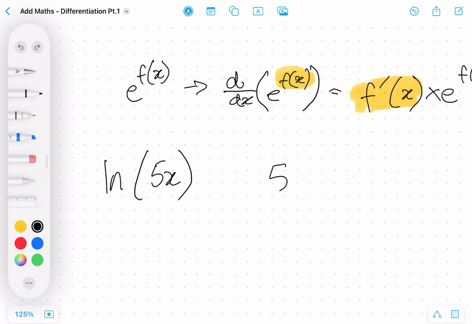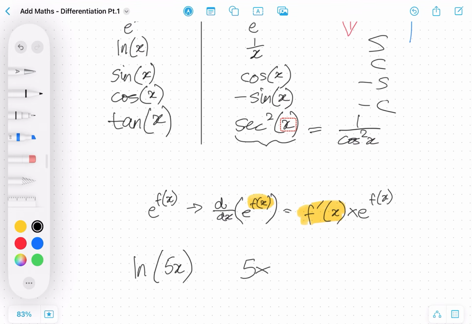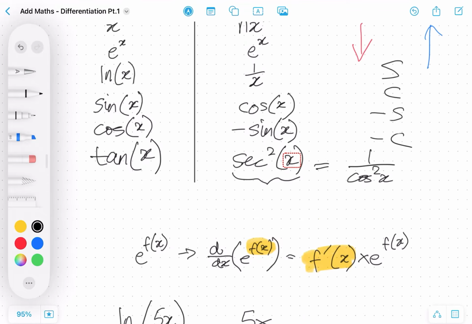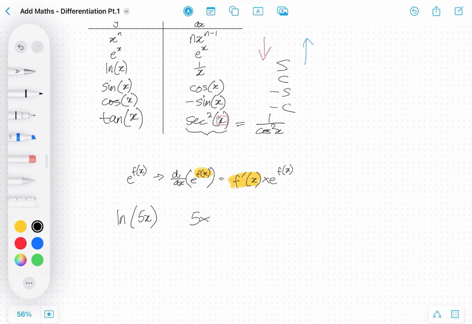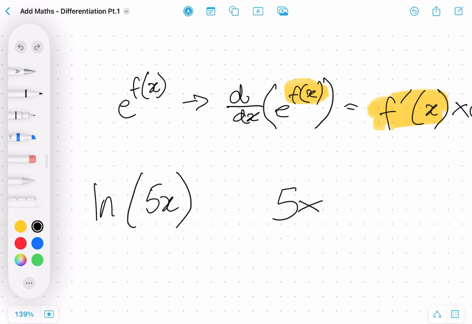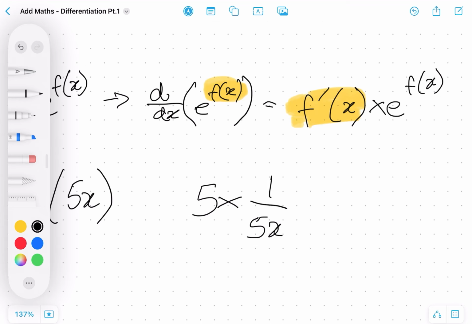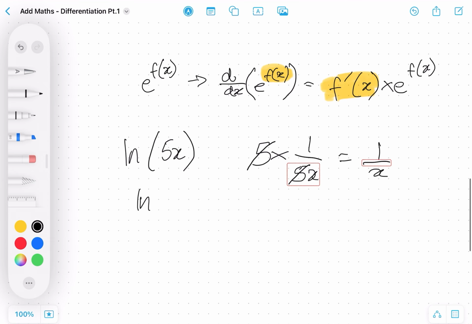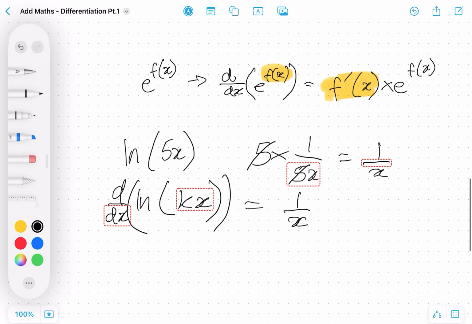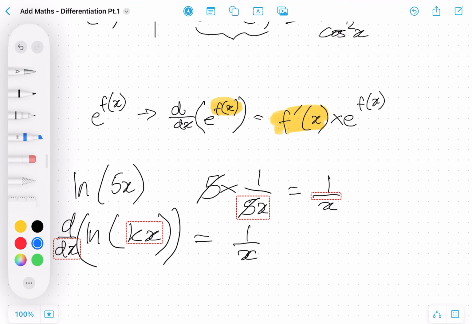So 5, and then multiplied by what you do with any derivative of ln x, which is just the reciprocal of x. So for this case, since we have 5x inside, it's just the reciprocal of that, 1 over 5x. And then this simplifies down to 1 over x. So in fact, ln kx, the derivative of that, remains as 1 over x. There's actually no change. So that's a very neat rule that we come across.